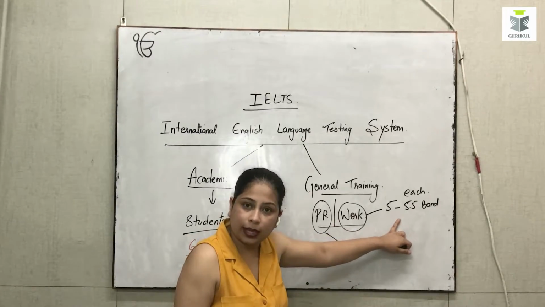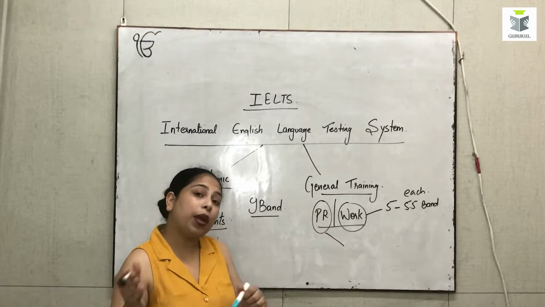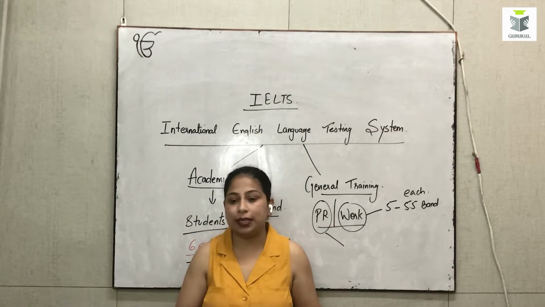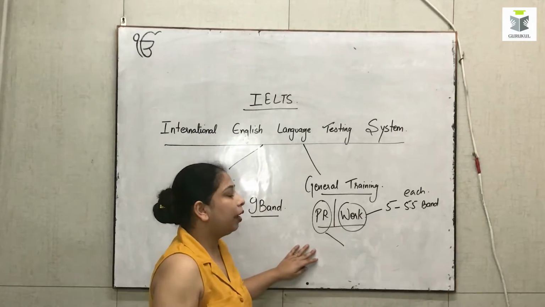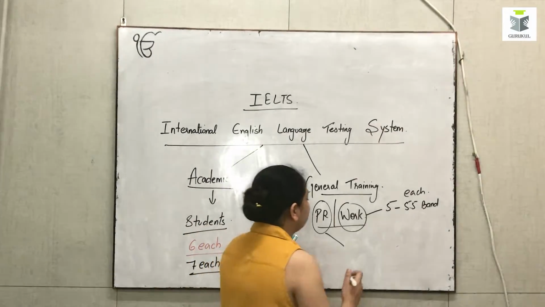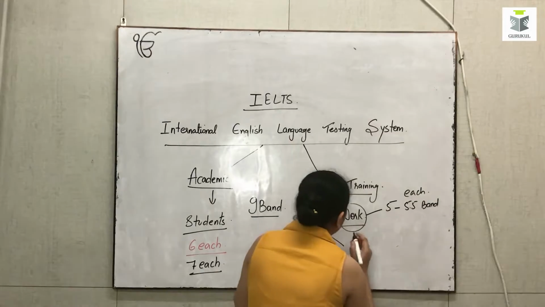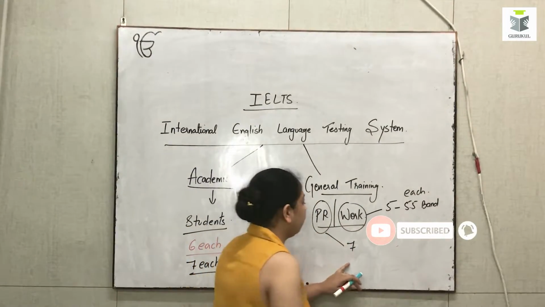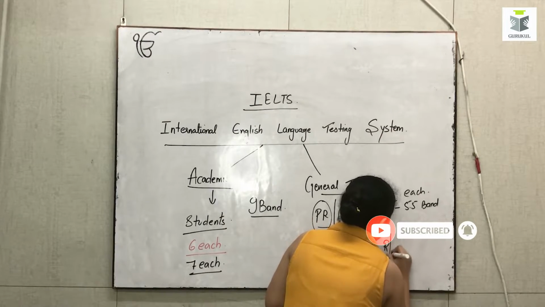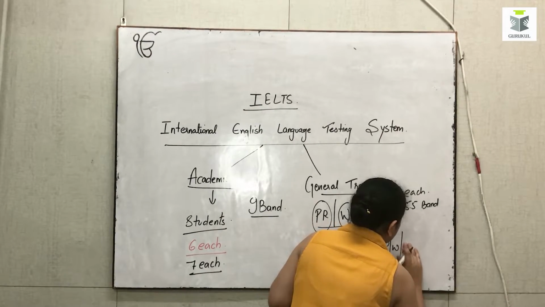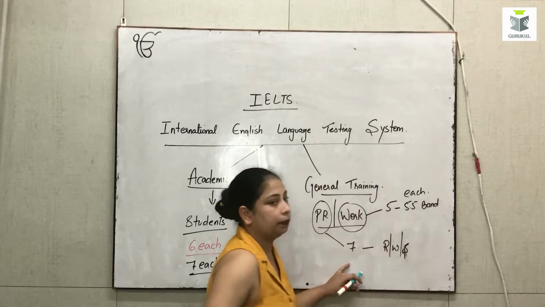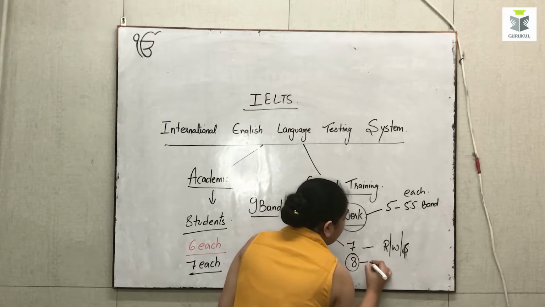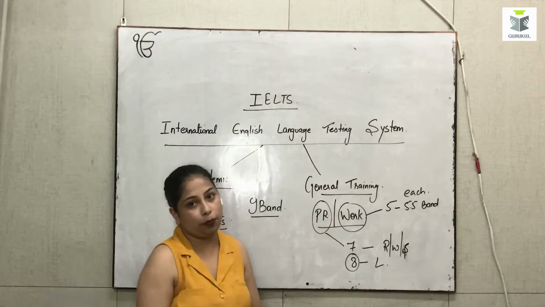They also go with this requirement. But there are a few categories, for example if someone is going on an engineering basis, somebody is an IT professional, so their requirement increases. That is, they need a minimum of 7 band score, especially in the reading, writing and speaking modules, while they need at least 8 in the listening module.